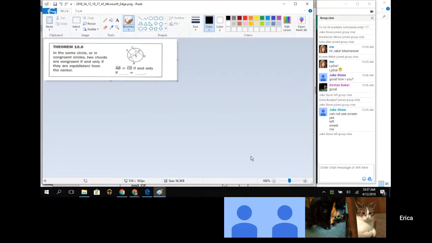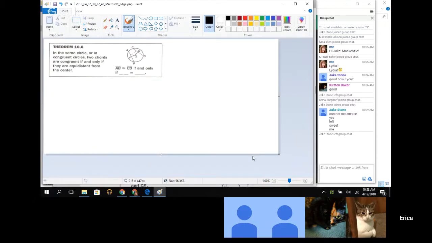Theorem 10.6. Okay, in the same circle, or in two congruent circles, two chords are congruent if and only if they are equidistant from the center. Okay, this is another one that I actually think makes sense when you think about it. So we have our if and only if, so that means it works both ways. So you have a circle or two circles that are congruent to each other.